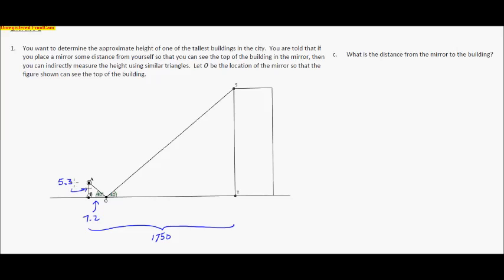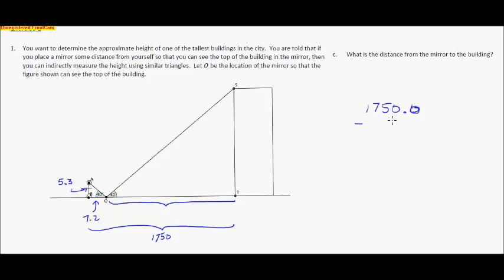Part C wants to know, what is the distance from the mirror to the building? So they want to know what this distance is right here. That's pretty easy actually, because they gave us the distance from the person to the building to be 1750. I'm going to add a decimal there because I know what I'm going to do here. And the distance from just the person to the point O, where that mirror is, is 7.2.